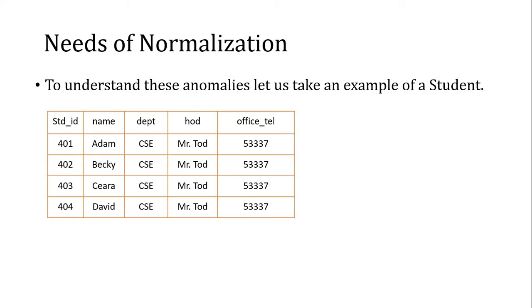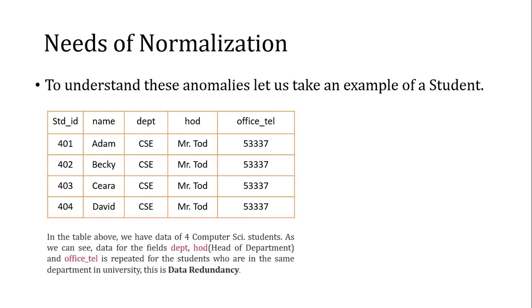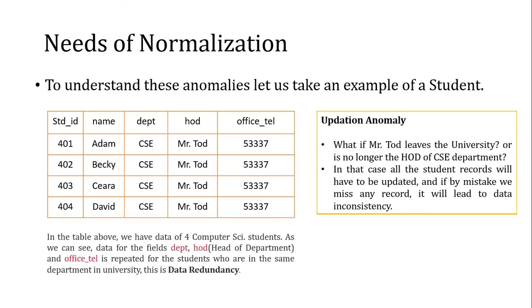Now if we go for an update operation, in the same table the data is the same again and again. What if Mr. Todd leaves the university, the head of the department leaves or is no longer head of the CSE department, and another faculty member, Mr. XYZ, will be the next head of the department?